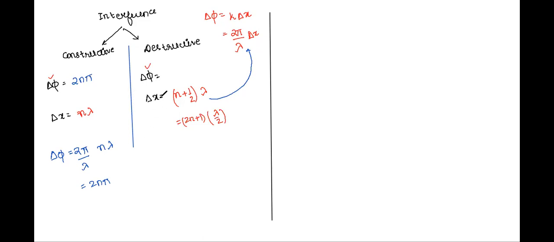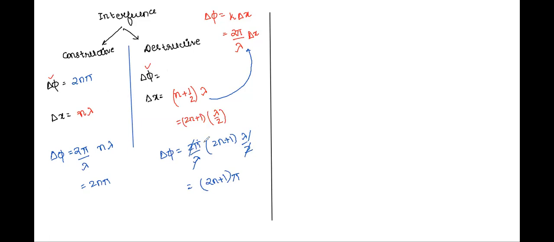How about destructive interference? Do the calculation, tell me. It's 2n plus 1, into pi, not 2 pi.